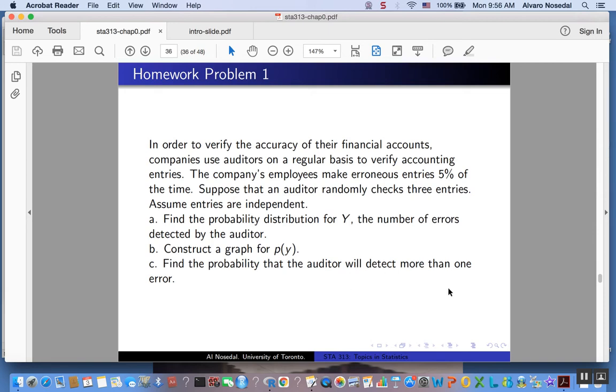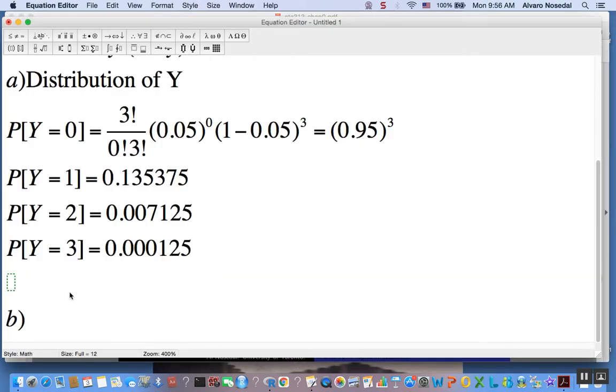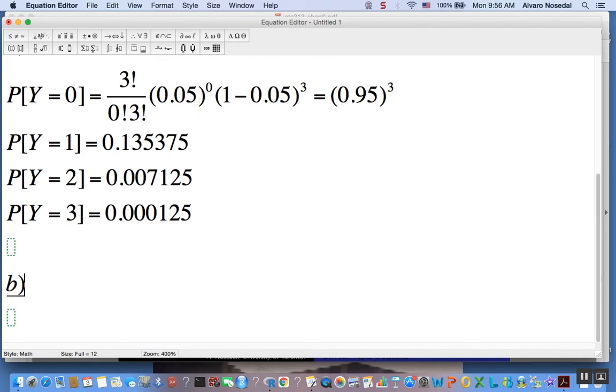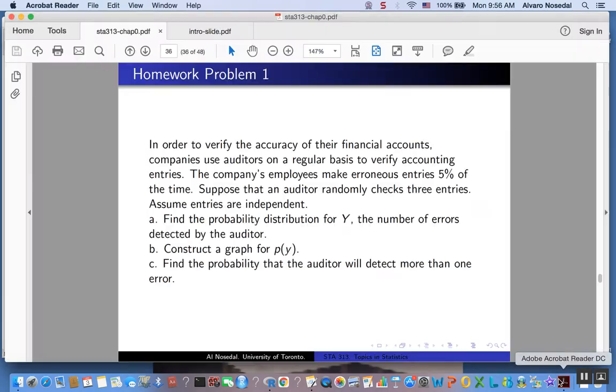So for part B, the graph is done, but for the other one, we said that what we want is the probability that y is greater than 1, right?